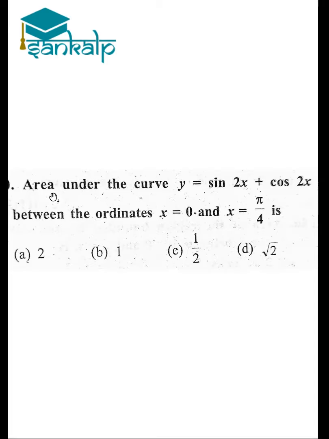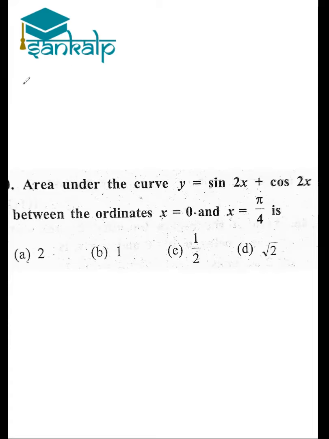The next example: the area under the curve y is equal to sine 2x plus cos 2x between the ordinates x is equal to 0 and x is equal to pi by 4 is. Here the curve is given by sine 2x plus cos 2x.